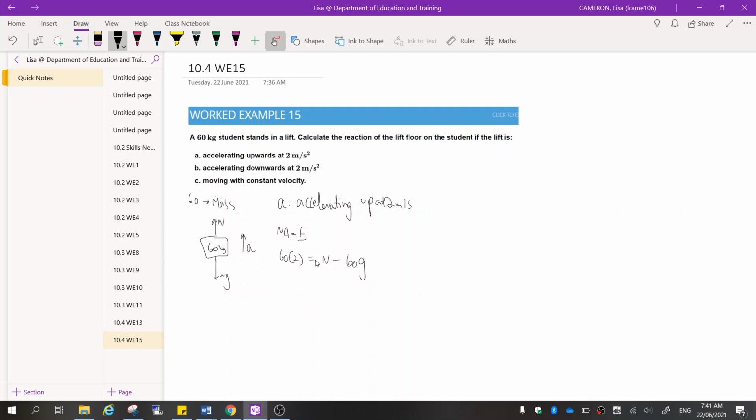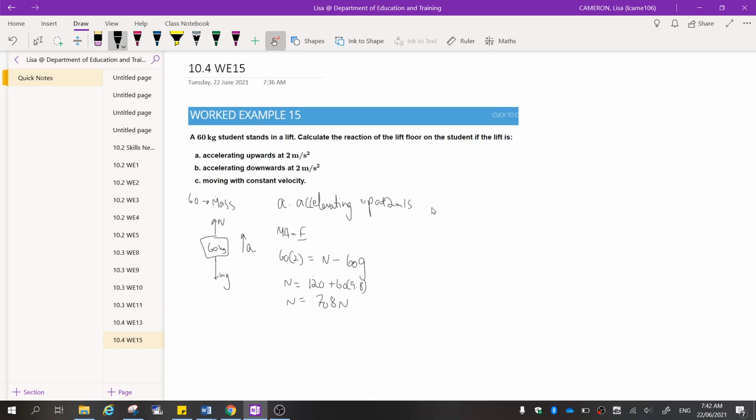So now if I start to rearrange this, I'll get N on its own, which is going to give me N equals 120 plus 60 times 9.8. So our normal force that is acting on this is 708 newtons.